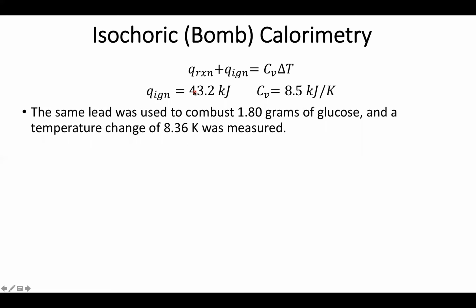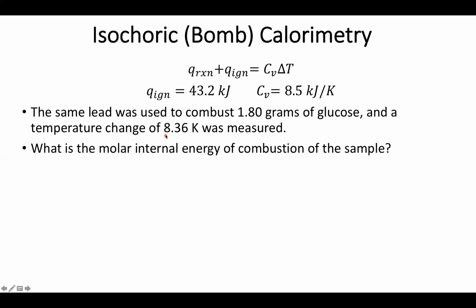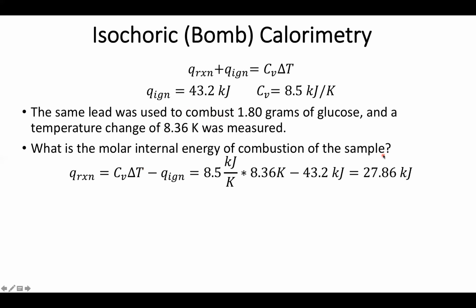So let's use this to figure out how much energy is produced by the combustion of 1.8 grams of glucose, which I throw in my sample chamber and ignite for 120 seconds, and I see a temperature change of my calorimeter of 8.36 Kelvin. So how can I use this temperature change to determine the molar internal energy of my sample?